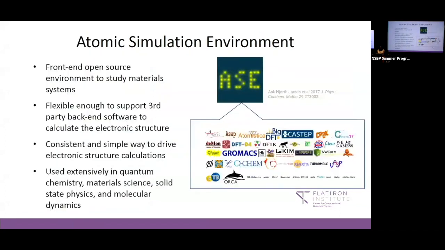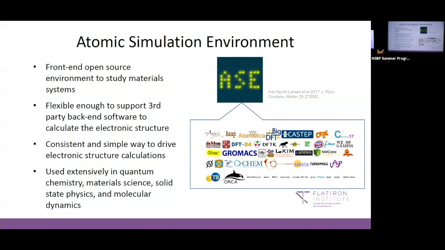This is where we head into more familiar territory, which is the Atomic Simulation Environment. This is a front-end open source environment that we can use to study material systems. What's great is that it's flexible enough to support third-party software, right? Mainly the back-end software, in order to calculate this electronic structure. It's also consistent.